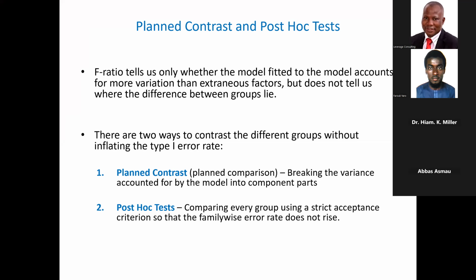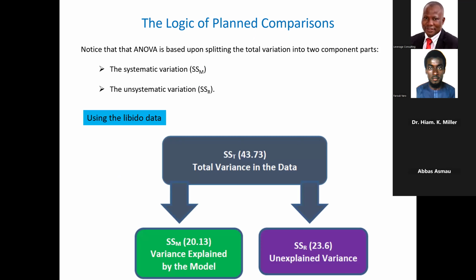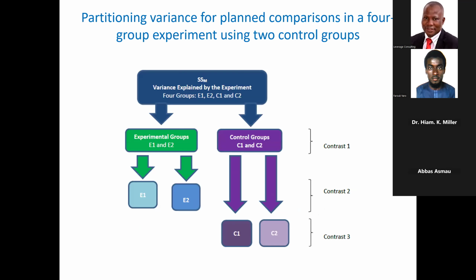The first one is planned contrasts, planned comparison. You break the variance accounted for by the model into component parts. Then post hoc tests compare every group using a strict acceptance criterion so that the family-wise error rate does not rise. That's what we are going to run. Planned contrasts we can use, but the one used most of the time is post hoc tests. I will not discuss planned contrasts, but let's just go to the post hoc test.